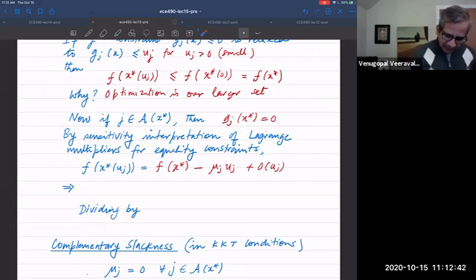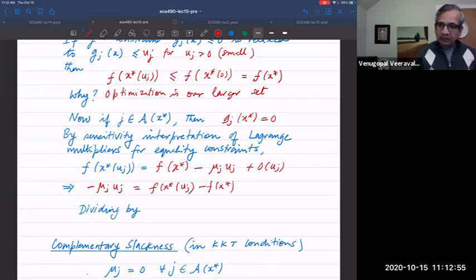Now if we rewrite this, you see that minus mu j Uj equals f of x star of Uj minus f of x star. Actually, you can maybe put the little o of Uj on this side, it doesn't matter where you put it. Let's put the little o of Uj here on the left-hand side. And so this is less than 0.